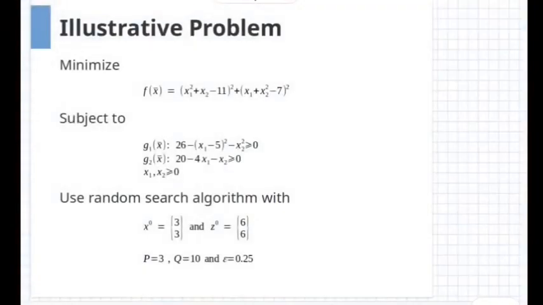Let's illustrate the algorithm by an actual problem. In this case, we want to optimize the objective function, which is the well-known Himmelblau function, which we have used in previous cases. The constraints are as given, and as you can see, they are of nonlinear type.